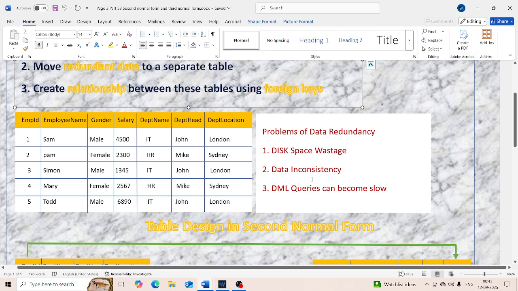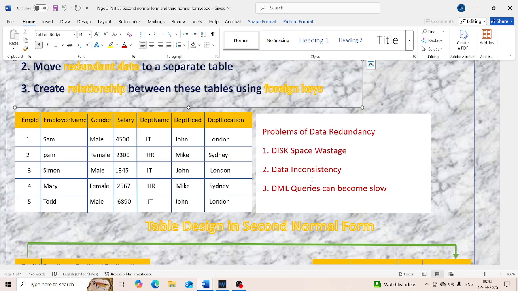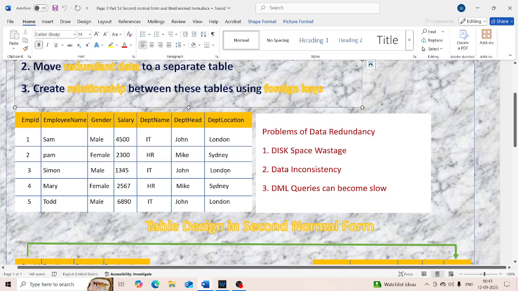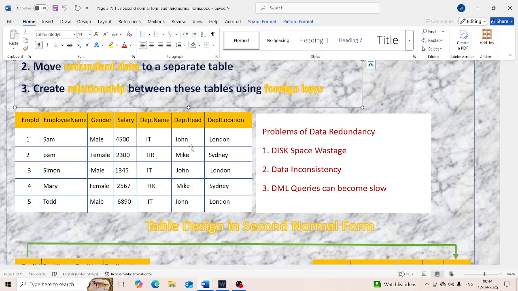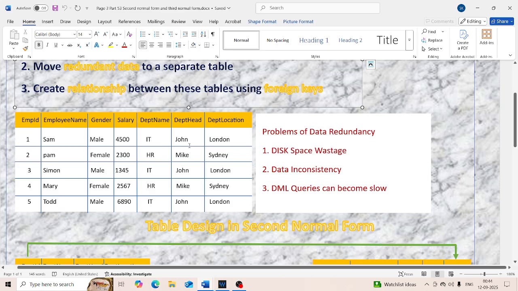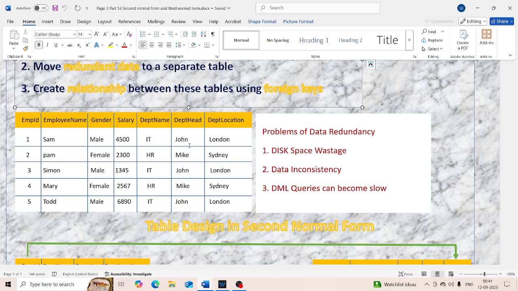How? Let's say, for example, I want to update the IT department head name, and let's say there are 50,000 employees in the IT department. Now I updated the department head name maybe for 45,000 records.